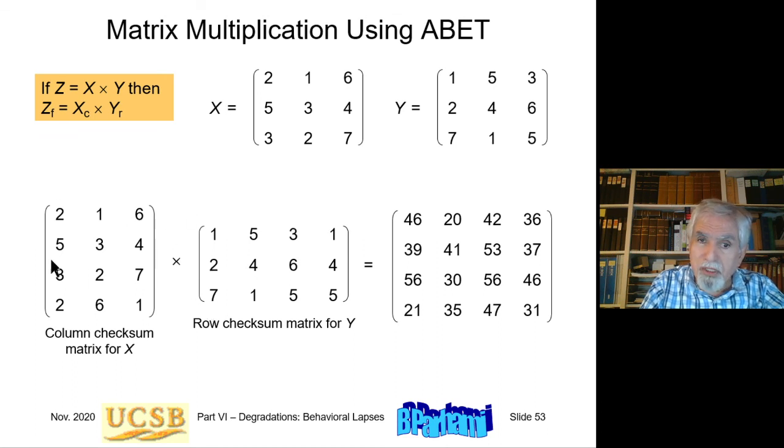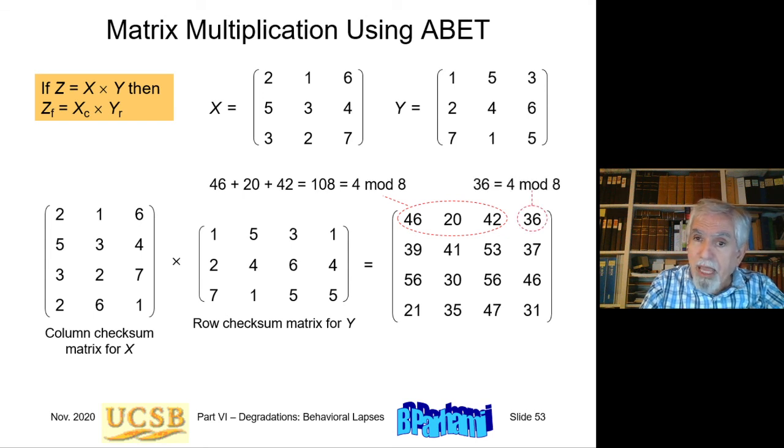Just regular matrix multiplication. And it turns out that the checksum matches. So you just multiply these two matrices. Now this, which is 4 modulo 8, is the correct checksum for the sum of these values.